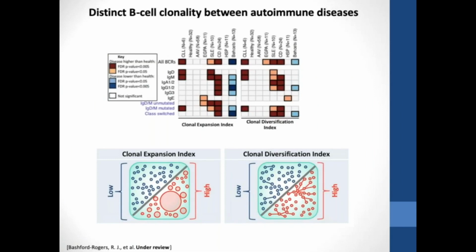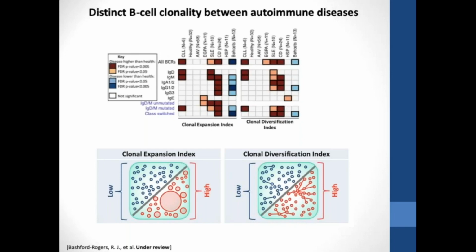We use two clonality indices that measure different aspects of the repertoire. So we have the clonal expansion index, which basically measures the unevenness of the number of observations of each unique VDJ sequence across the whole repertoire. And this is essentially looking at the differences between the number of VDJs that we see.